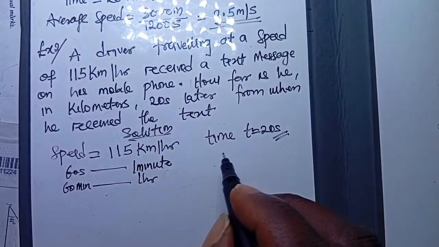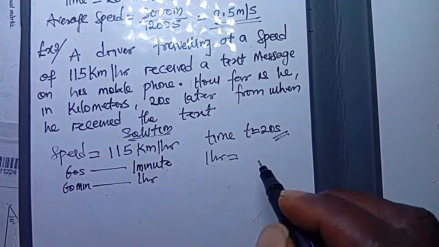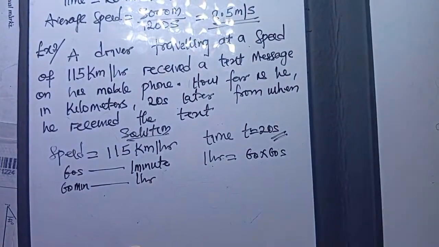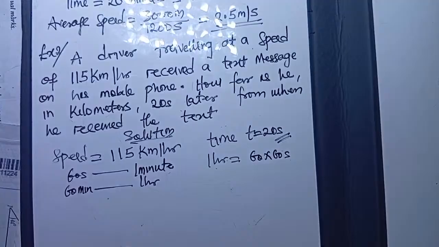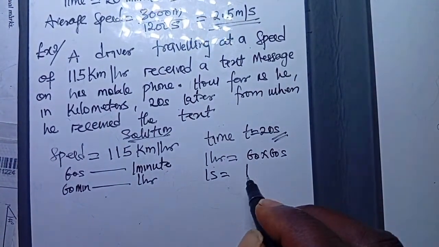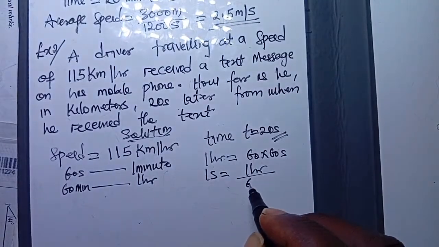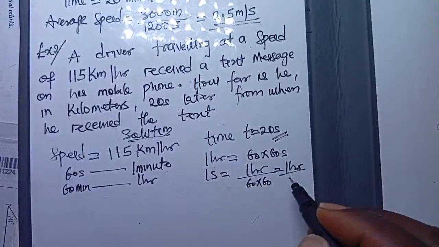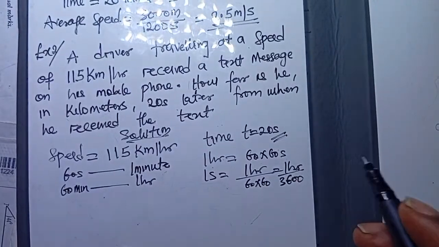So that tells you that 1 hour will be 60 times 60 seconds. So it means 1 second will be 1 hour over 60 multiplied by 60, which is 1 hour over 3,600.